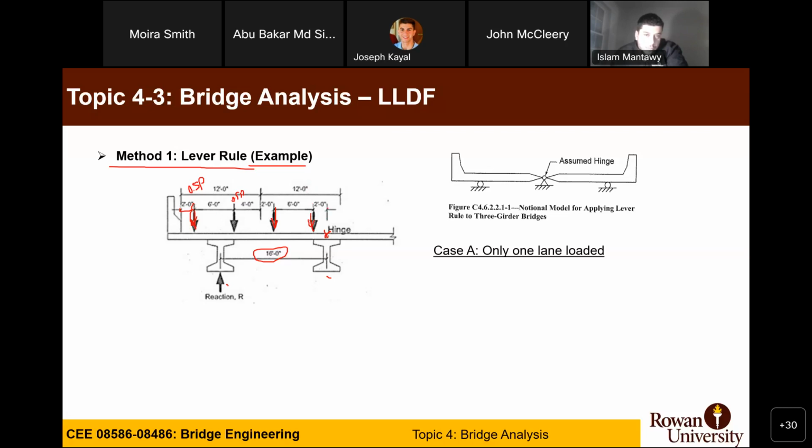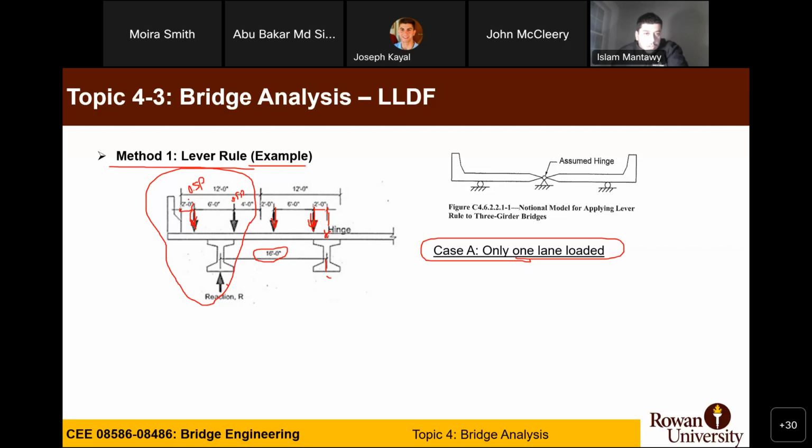And this adds up to 2 feet from the fourth load to the interior girder, right? If I assume one loaded lane only, I have to assume that I only consider this one existing over the bridge, and this one is not in existence.